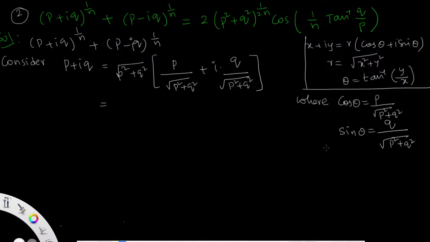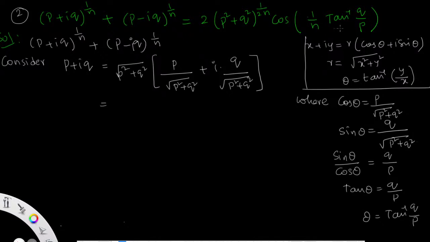Now for theta, in the question tan inverse is given, so that is why I am doing sin theta by cos theta. That is nothing but q by this value, p by this value. This will be cancelled, then you get q by p. Then tan theta equal to q by p, then theta equal to tan inverse of q by p.